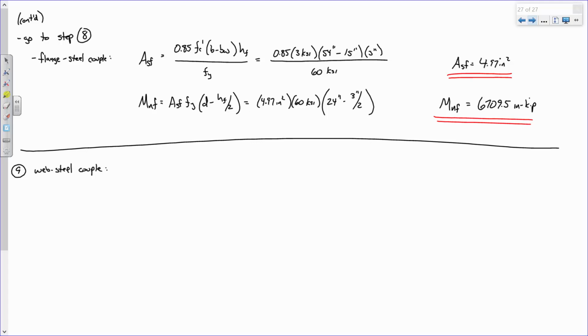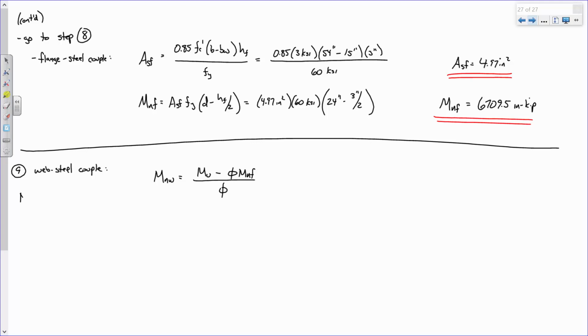So when I write this formula out, I don't want you to think that this is magic. It's really not, okay? So here's the formula. MNW is (MU minus phi MNF) over phi. Again, all there is to it.